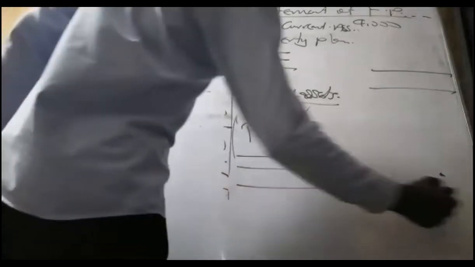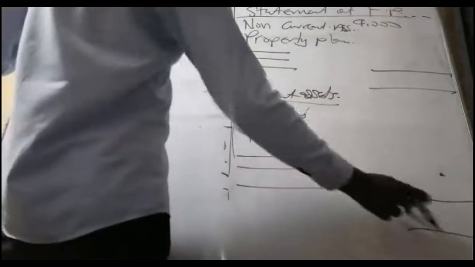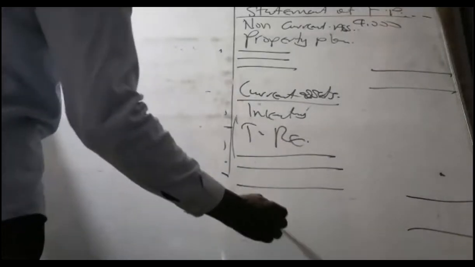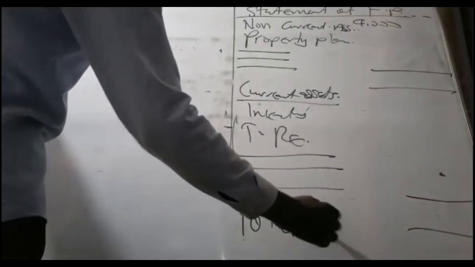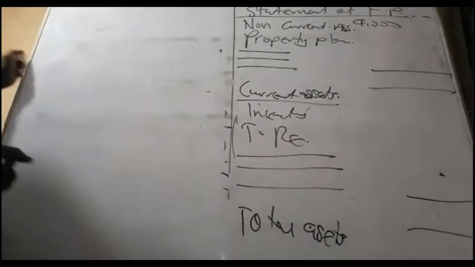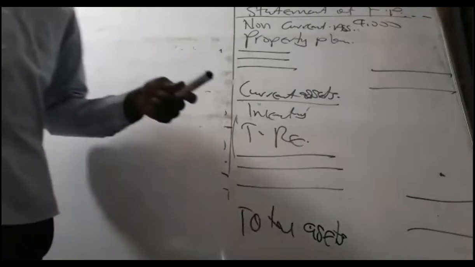Then I'll underline it and bring it here again. And then this one becomes the current asset. Then beneath it, I write total assets. When I write the total assets there, the figure will be beneath the current assets. I won't write anything there.